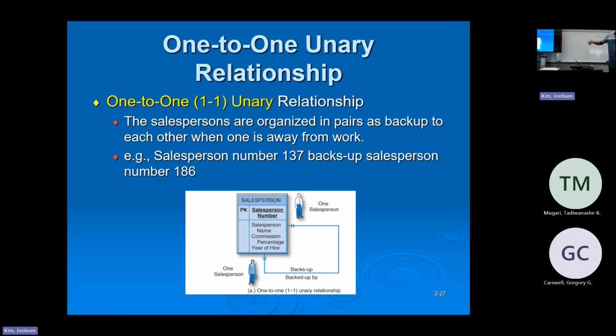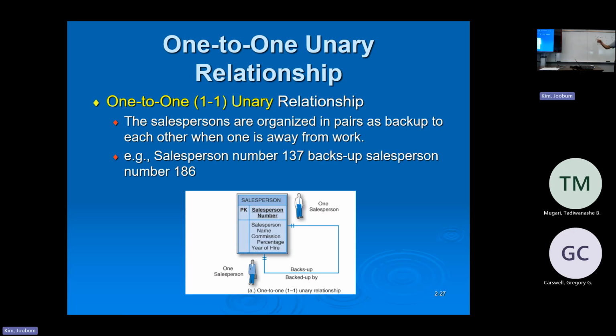So in that case, this is a one-to-one unary relationship. There is one salesperson entity involved. But in this company, there is a backup system. For example, the salespersons are organized in pairs as backup, so two persons cover each other when one is away from work.